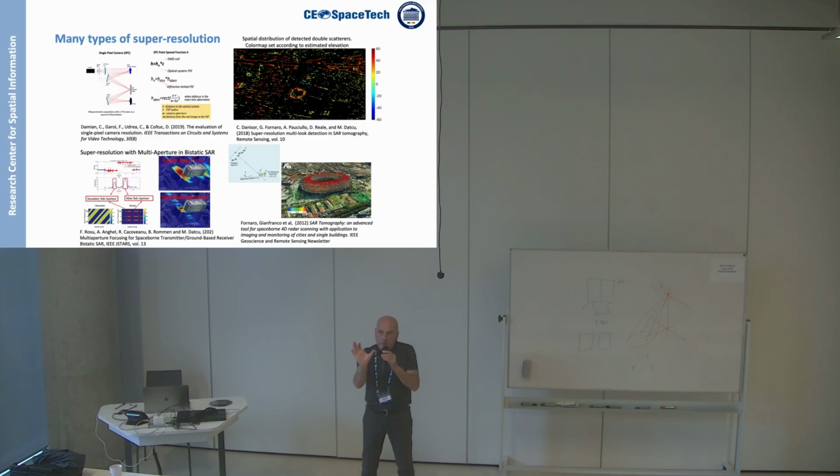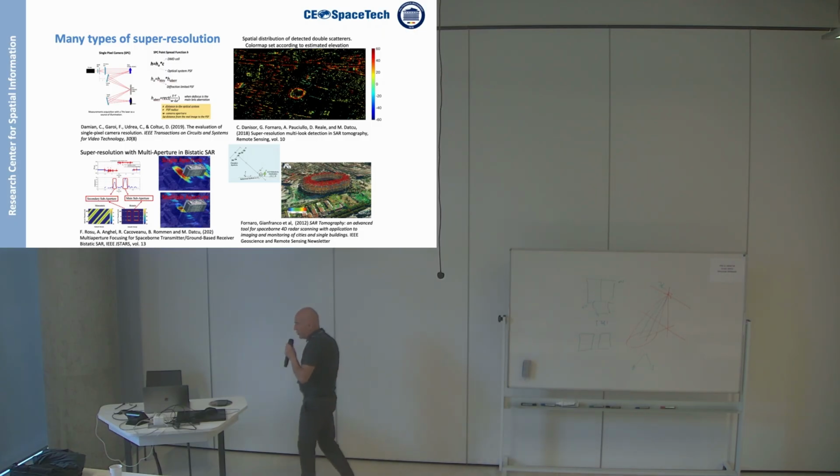This target, the red one, is much better localized. Synthetic aperture radar tomography is a super resolution because I assume that the scene is not changing, mainly buildings, and I have multiple observations with diversity in the look angle and in the phase, and I'm super resolving the target. So I obtain millimeter precision in the 3D reconstruction of buildings.